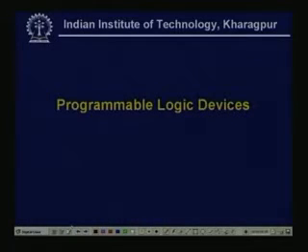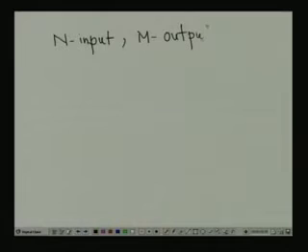So, if we consider an n input, m output PLA, then what will be the programmable AND array and the OR array structure.